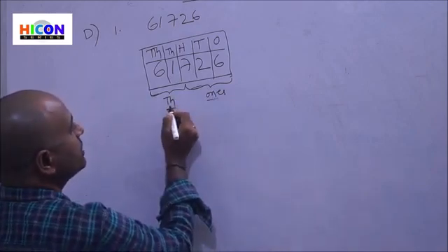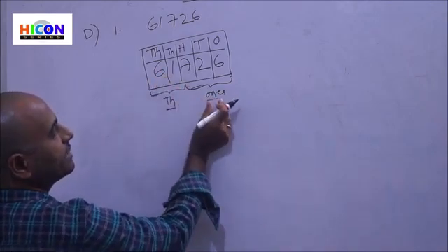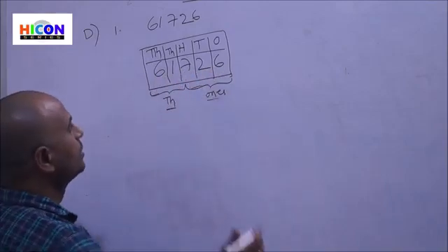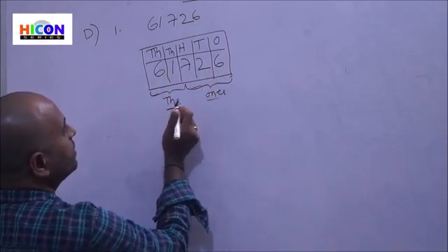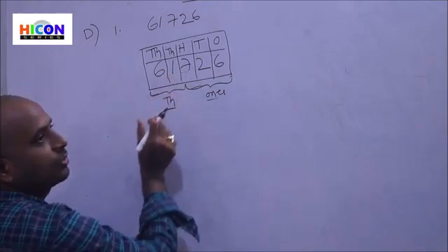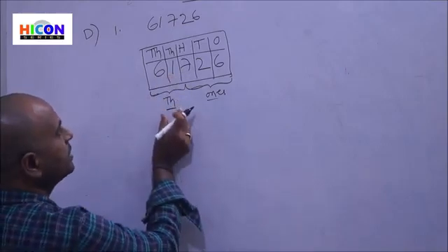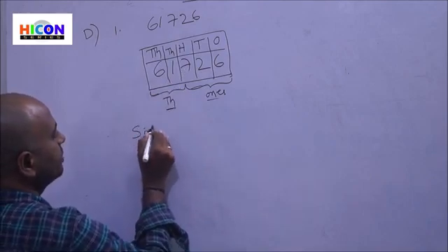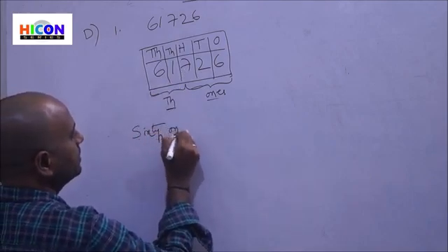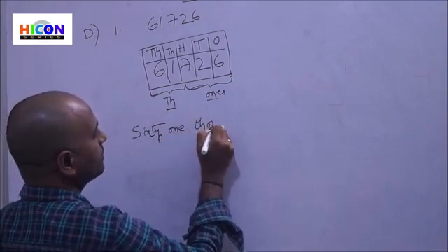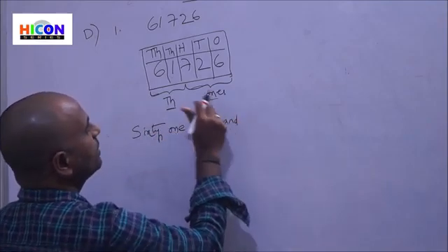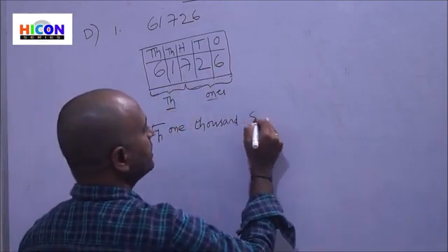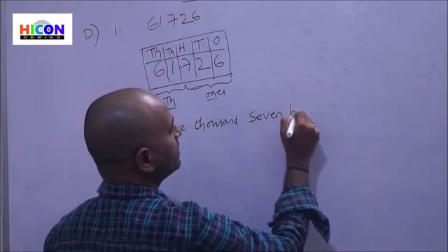In the thousands period there are two places, and in the ones period there are three places. So there is 61 in the thousands period, so we have to write 61,000, and 726 in the ones period. So we have to write 726.